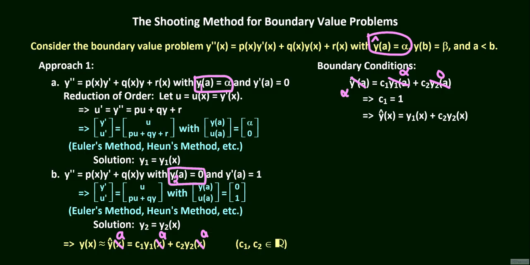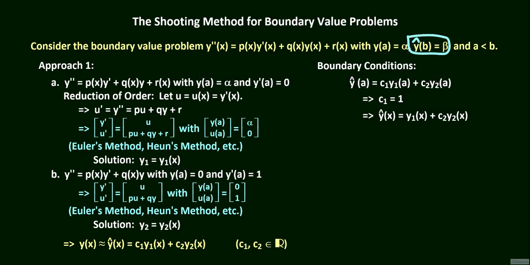If y hat is to be the solution to the boundary value problem, then y hat of b should be equal to beta. Y hat of b is y sub 1 of b plus c sub 2 times y sub 2 of b. We use the values of y sub 1 of b and y sub 2 of b that we found from solving the two initial value problems numerically.